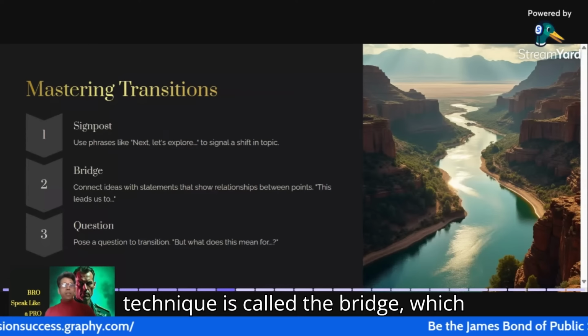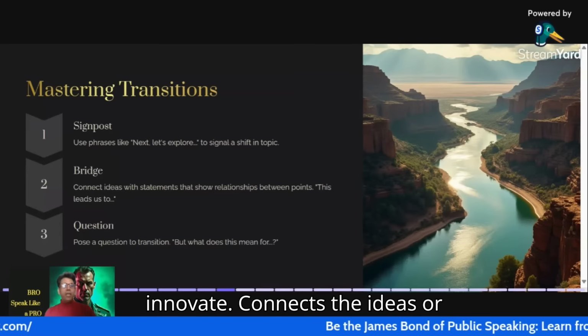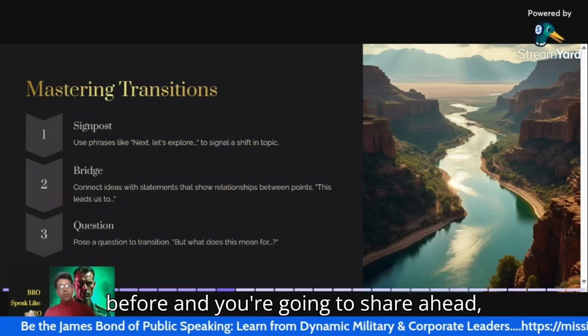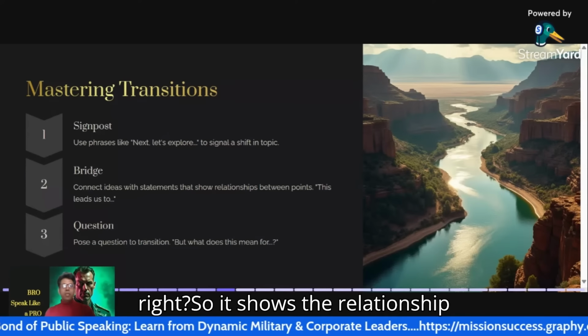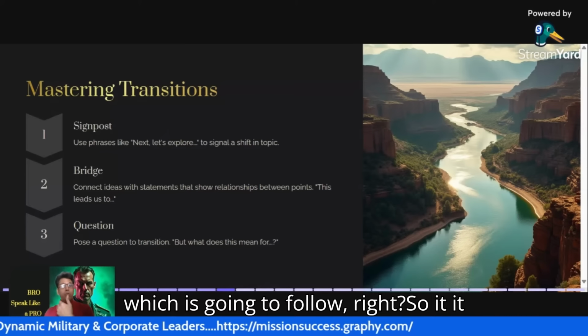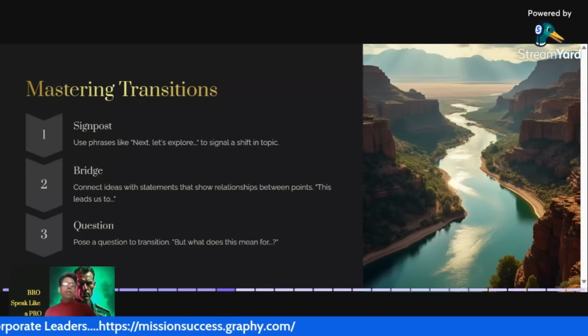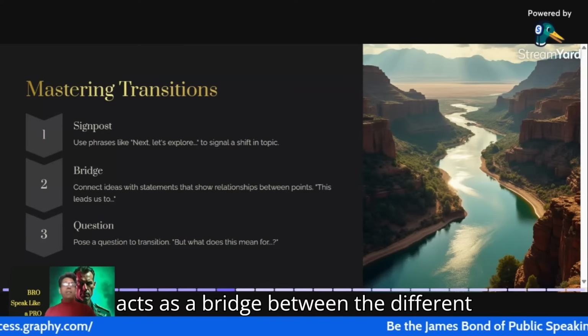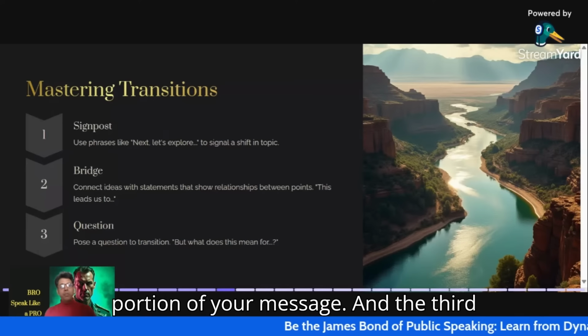The second technique is called the bridge, which connects the ideas or statements which you have shared before and you're going to share ahead, right? So it shows the relationship between your previous point and the point which is going to follow. So quite literally it acts as a bridge between the different portions of your message.